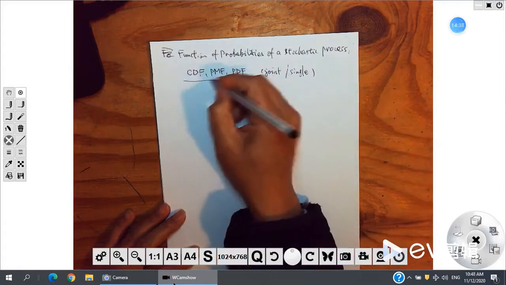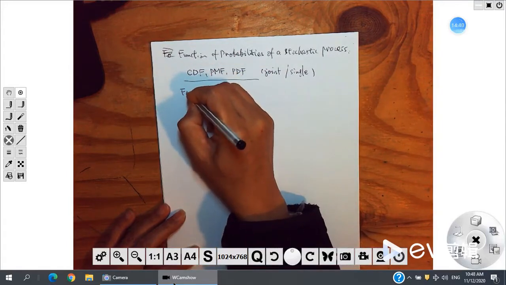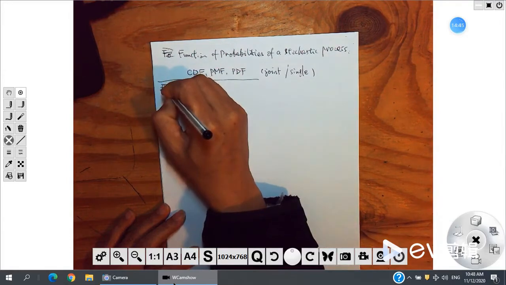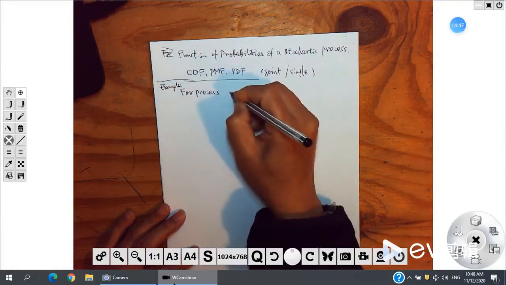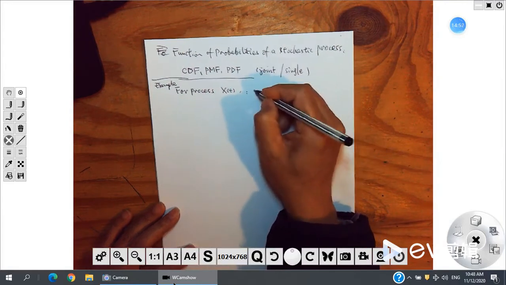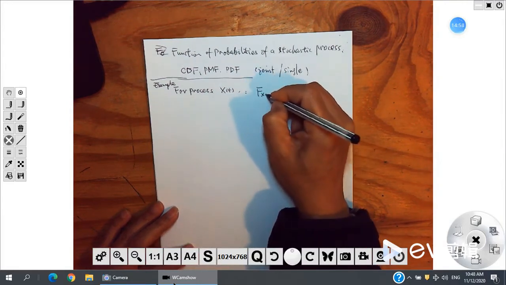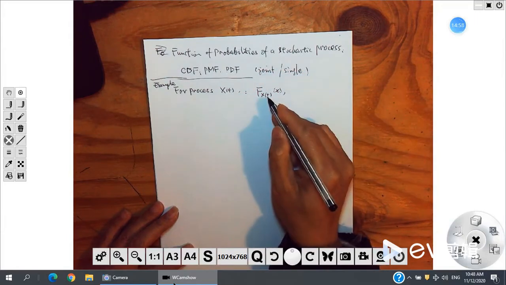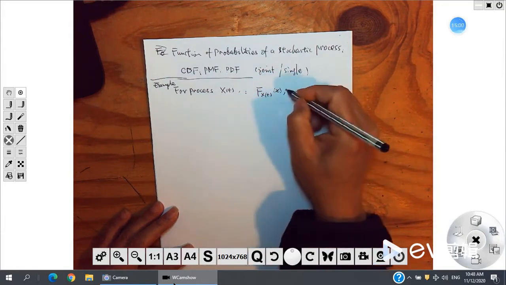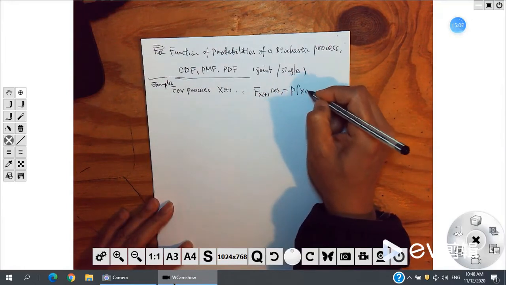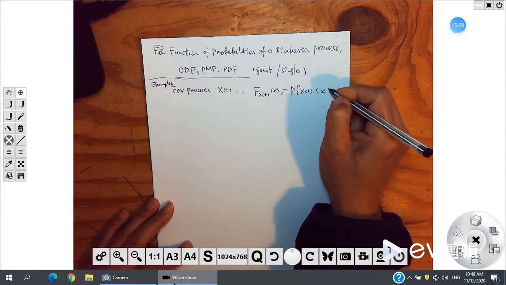For example, for process x of t, you can have a CDF like F_xt of x. You just pick one time. By definition, the CDF is the probability of xt smaller than or equal to this x.